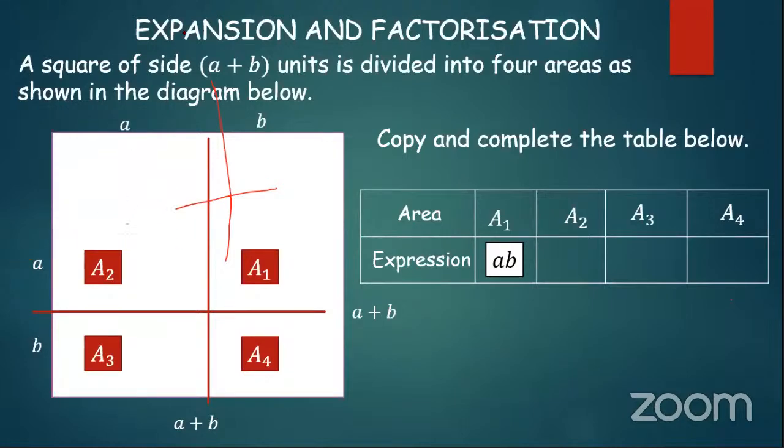Thank you. Area A2: A squared. A squared. AA, which gives us A squared.